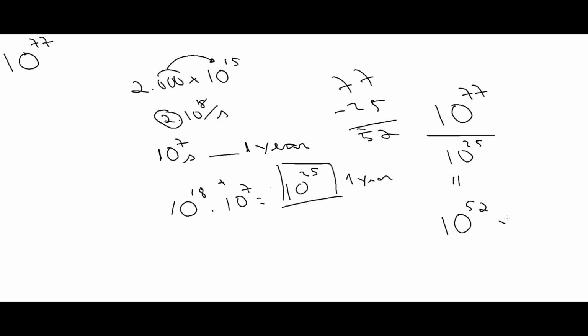It represents how many years El Capitan needs to break it with brute force, or discover the private key. It's 10 up to 52 years. That's a lot of years.